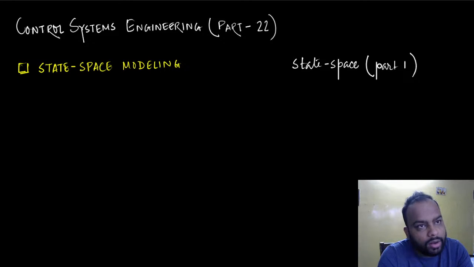So if you recall our transfer function modeling, you would remember that in transfer function modeling, we actually had quite a few assumptions, right? While doing transfer function modeling, we assumed quite a few things about the system that we were modeling using transfer functions. Again, first of all, what is a mathematical model of a system? A mathematical model of a system is a mathematical description that somehow gives you a relationship between inputs and outputs for that particular system.